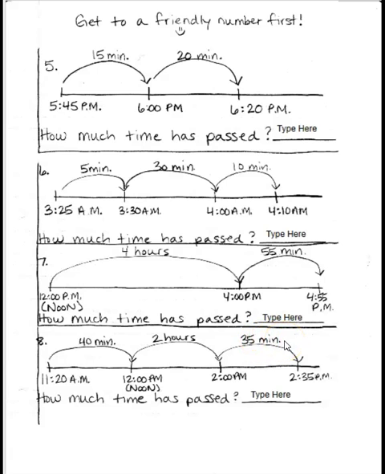And this one, notice you've got your 2 hours here, and then you have 40 minutes plus 35 minutes. So if we were to add 40 plus 35, that's going to give us 75 minutes, right, guys? So we know there are 60 minutes in an hour, right? So if we have 75 minutes, then we know that we definitely have a whole other hour there, right?